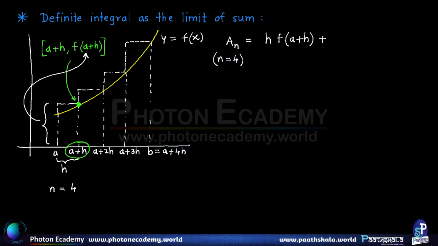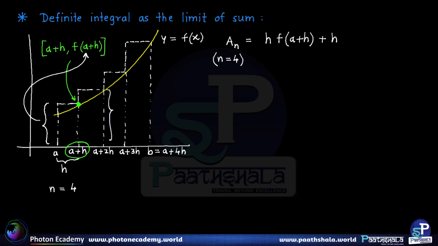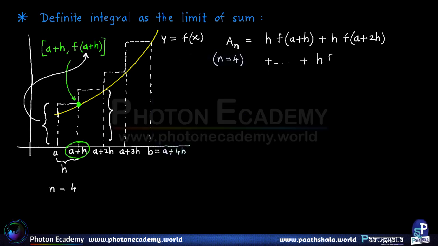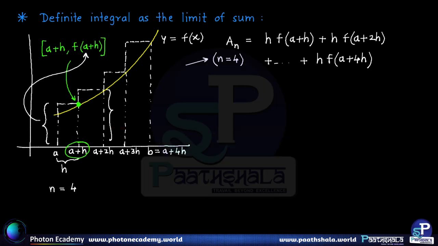Plus, for the second rectangle, the width is still the same, that is h, but now the height will be f of a plus 2h, because the x coordinate is now a plus 2h. So continuing in this manner, we will have the last rectangle with the area as h into f of a plus 4h. So now this is the case when we have n equal to 4, that is 4 subdivisions, isn't it?